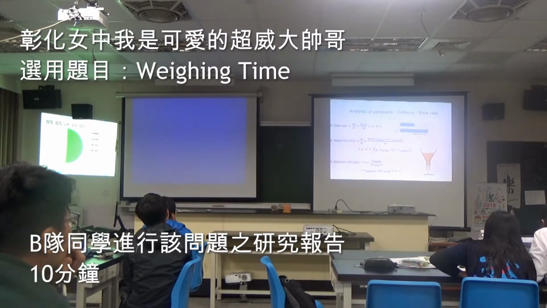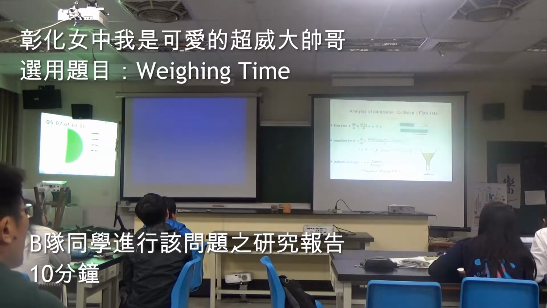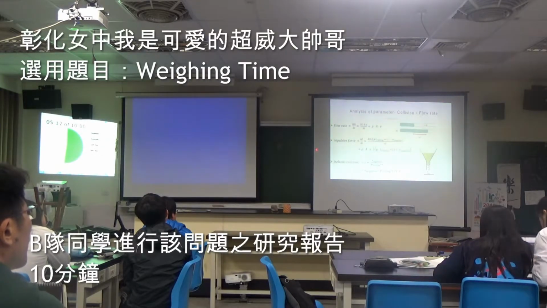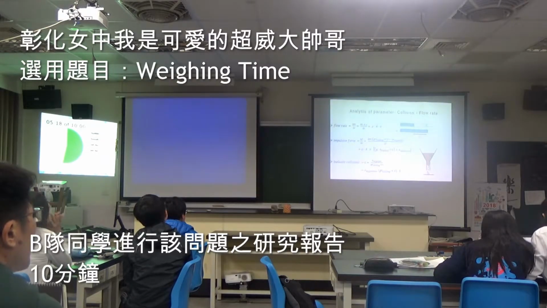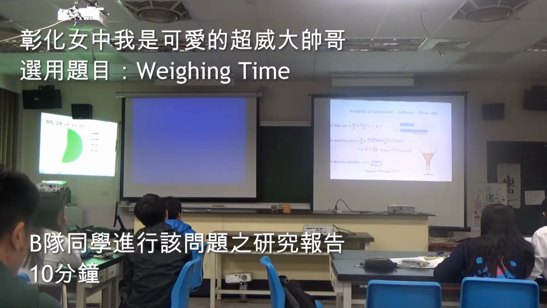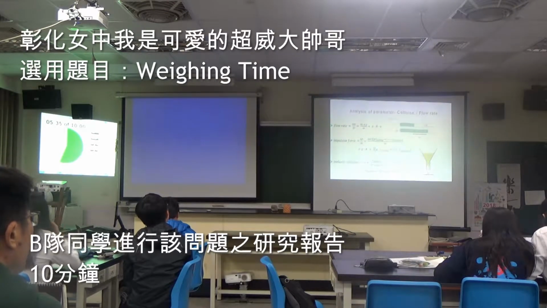This part is for the analysis of the parameters. We know that the flow rate equals rho times A times V, and we also found that the impulsive force is a reason that affects the weight increase, and we get the formula. The velocity here means the sand leaving the funnel.